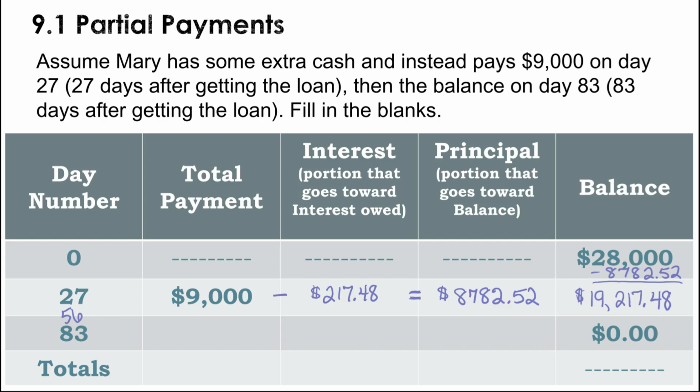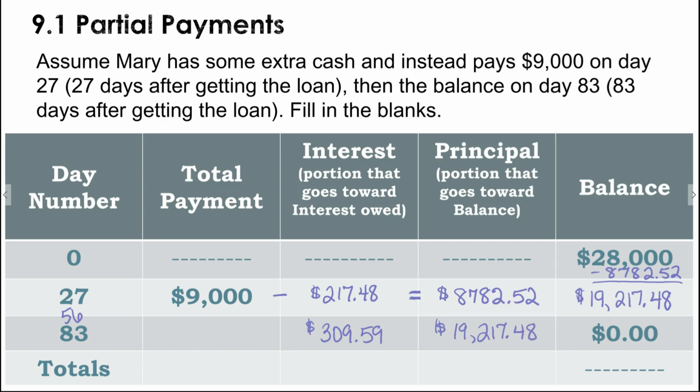Now this gets tricky, so you're going to have to be sure and practice this to understand. So she's going to pay the full amount of the principal off. We just calculated $309.59. This number is the amount of principal left to pay, which was our former balance, so it's $19,217.48.